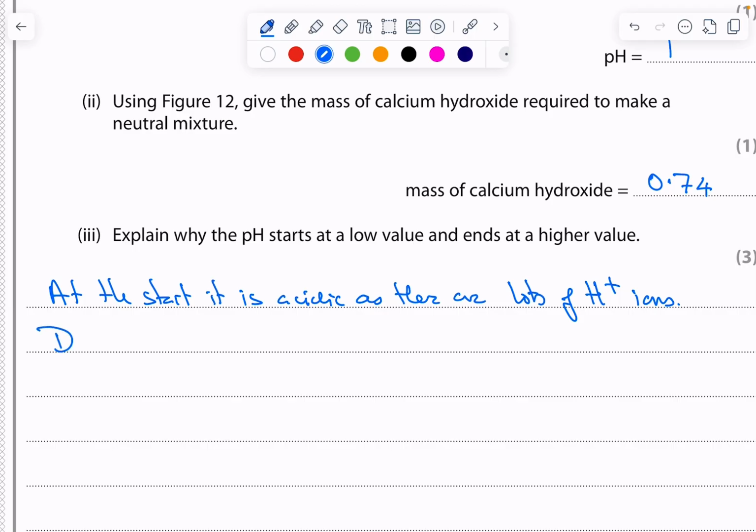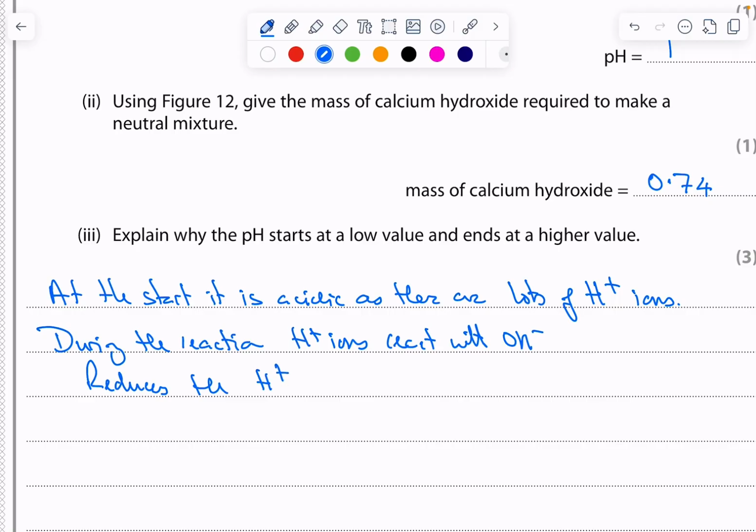During the reaction, H+ ions react with OH- ions from the base, the hydroxide ions. So this reduces the H+ ions. Okay, if you want to show off, you put the equation in. So H+ plus OH- makes H2O.